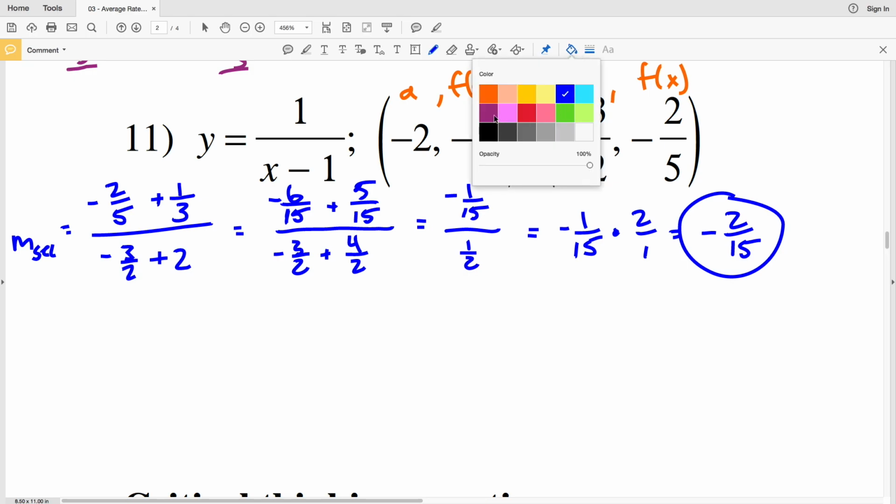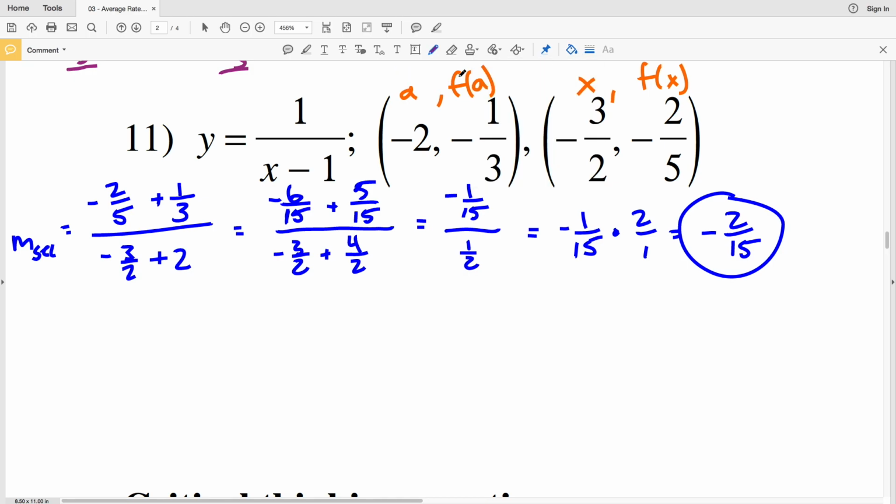Now, for point slope form, I'll have a, f of a be x1, y1. So y minus y1 will be y plus 1/3, and that's going to equal our slope of negative 2/15 times x minus x1, which is x minus negative 2, or x plus 2.